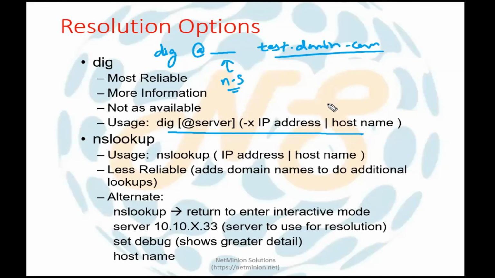In the answer section, you will get the CNAME, TTL value, A record if there is one, what the received message size is, and the query time on whatever name server you are selecting here. So you can get those kinds of details from dig.